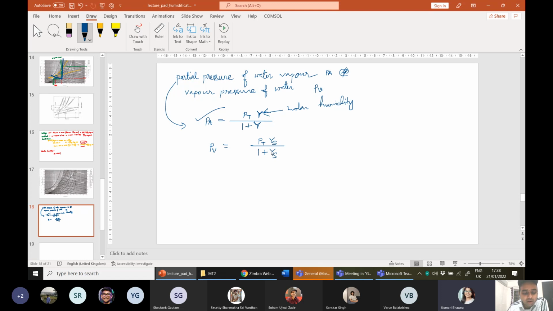This is one way, or you can also use Antoine's equation to calculate the vapor pressure at 55 degrees. Either way, it will work. So can any one of you tell me what would be the partial pressure, not the saturated one, but of this air, and what would be the vapor pressure values?